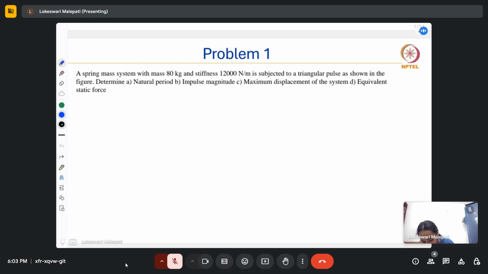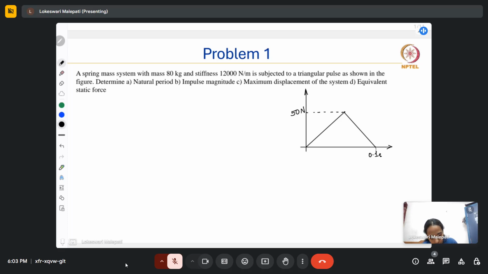Let me draw the figure. It's actually a symmetrical triangular pulse. The magnitude is 15 Newton and it's acting for a duration of 0.1 seconds.